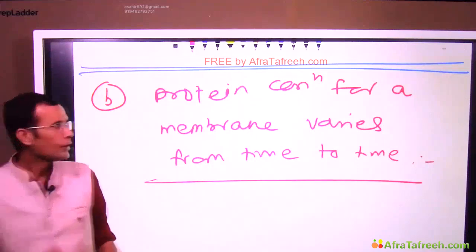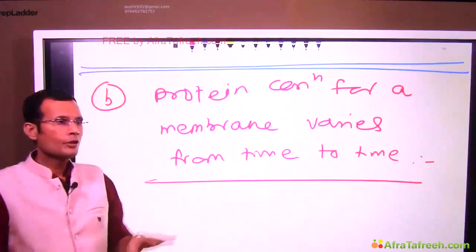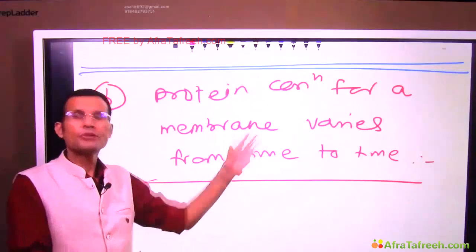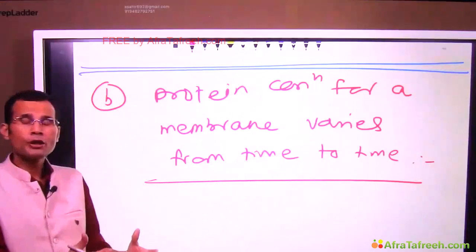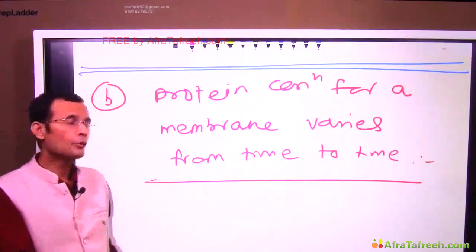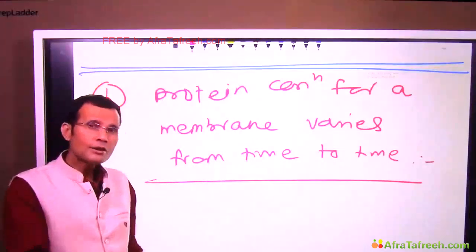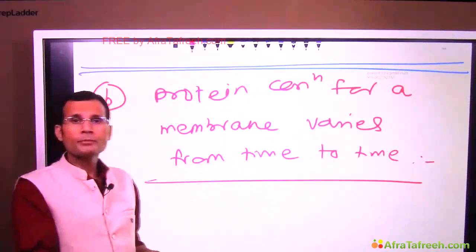The first point was, for any particular membrane, there is a certain protein concentration, like the inner mitochondrial membrane has 76% proteins, or neuronal myelin has 24% proteins.